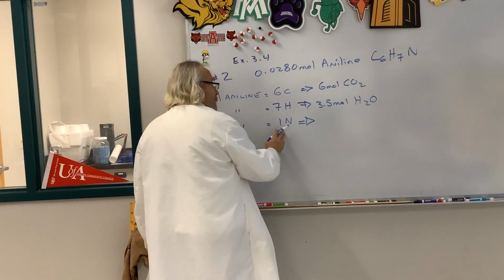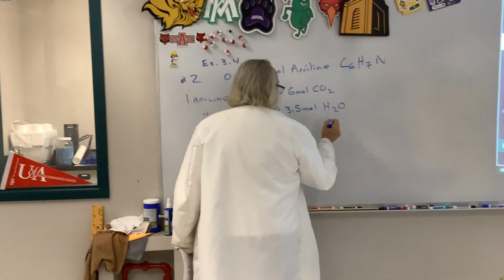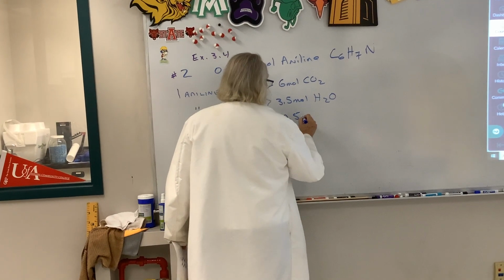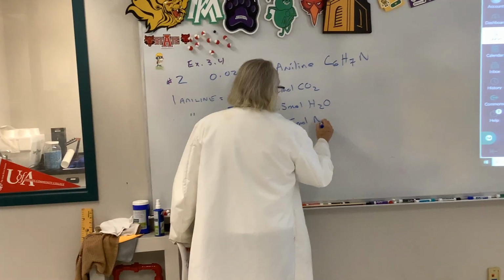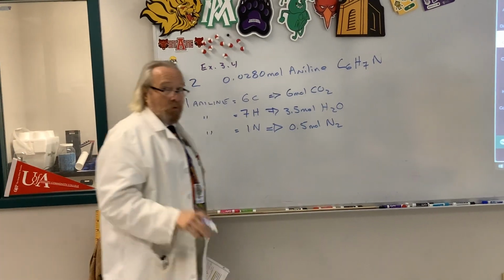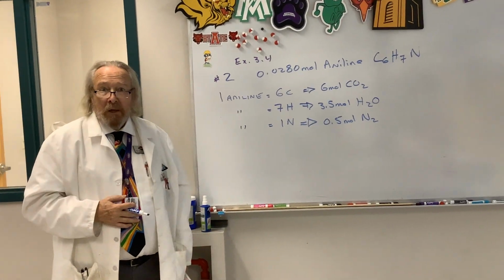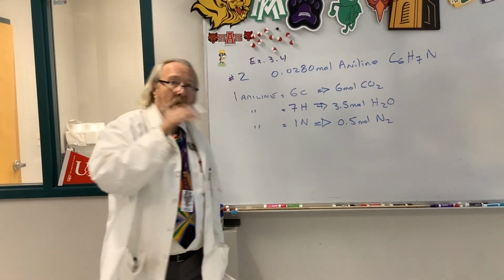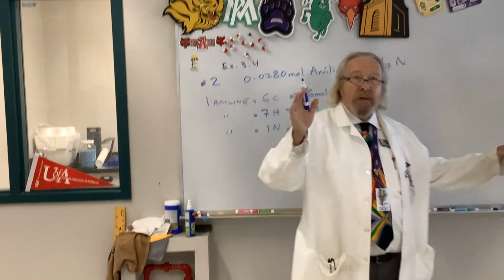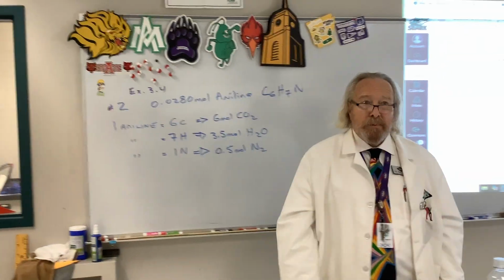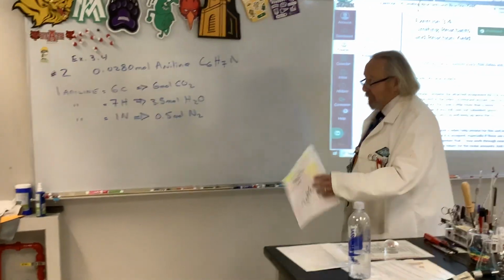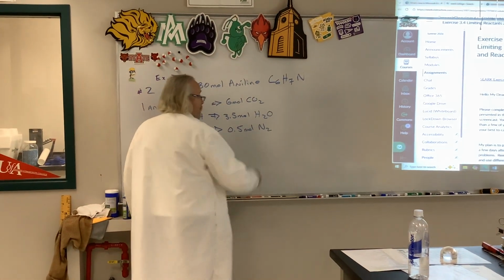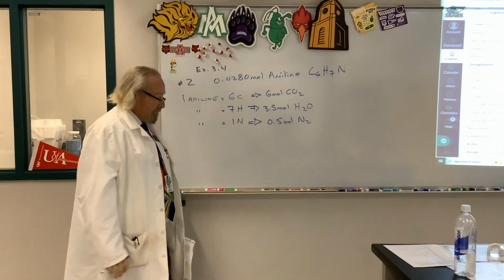So 1 mole of aniline is going to produce half a mole, 0.5, of molecular nitrogen, the normal form of nitrogen. Every breath you take, our atmosphere is 79%, almost 80% nitrogen, 20% oxygen, and it's present as N2, triple bonded N's together.